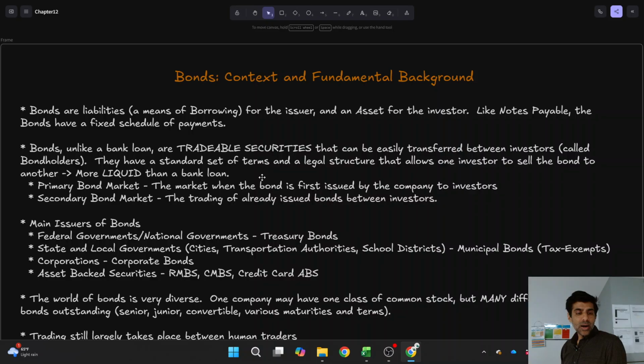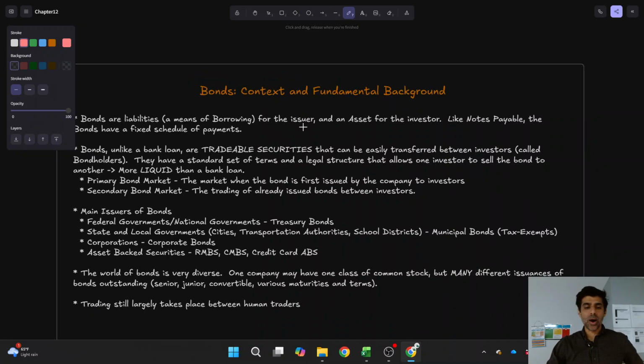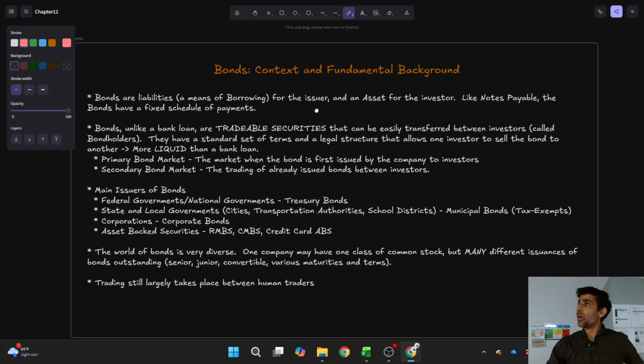The big difference is that unlike a loan, which can be transferred, but it's kind of a pain to do and it requires a lot of legal work and specialized law and accounting things to happen, a bond is made to be tradable.